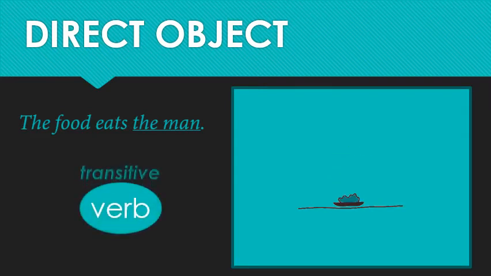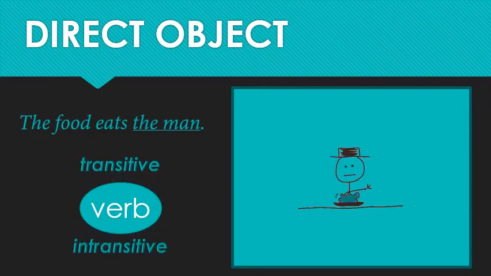It's important to point out again, like I did briefly last week, that not all verbs require or even want a direct object. Those are called intransitive verbs. This is another way that subjects are different from direct objects.